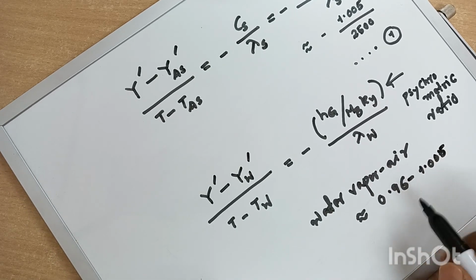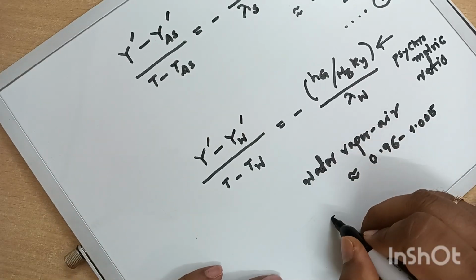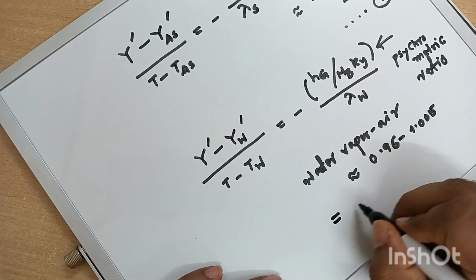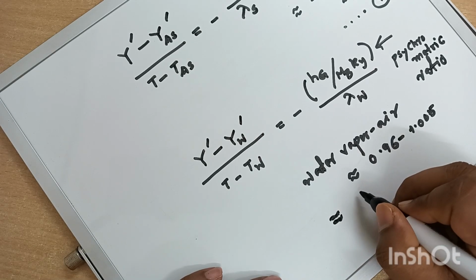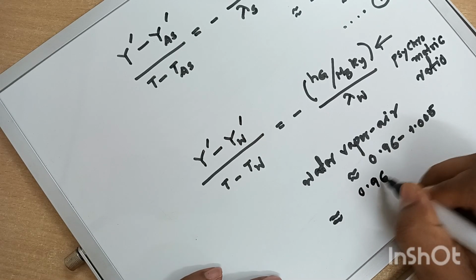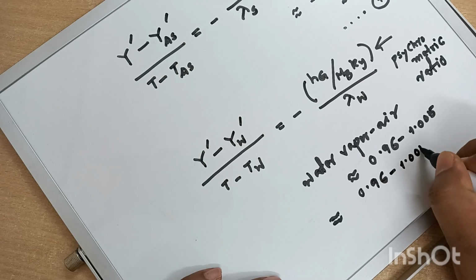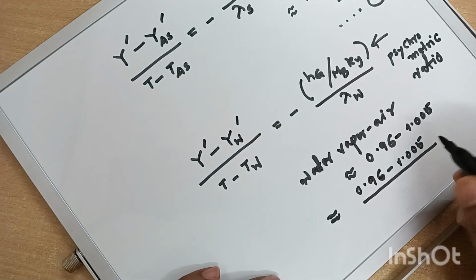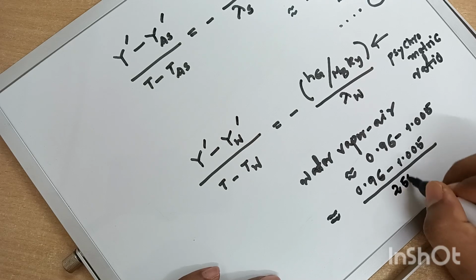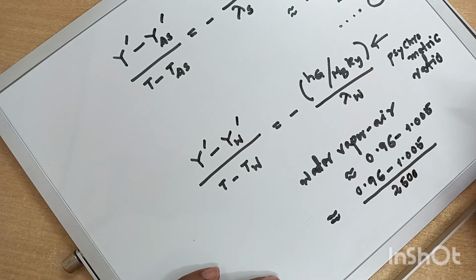Okay, so the right hand side of this wet bulb line equation would be approximately 0.96 to 1.005 divided by λ_w, which happens to be the latent heat of vaporization of water, around 2500 kilojoule per kg.